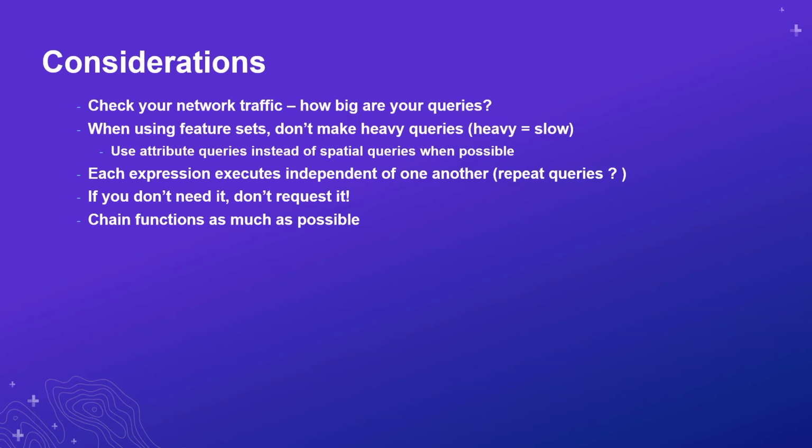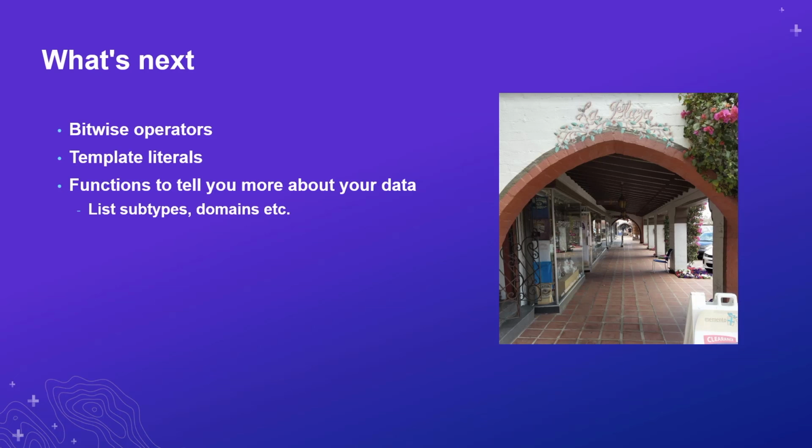So those are some tips for today, which brings me to what are we working on next? There's a few things in the pipe right now that I feel comfortable sharing with you guys. One of the first is bitwise operators, and for those of you familiar with the utility network, they're used quite heavily, but they're an interesting way to store data, particularly things like select all that apply from checkboxes and different experiences like that.